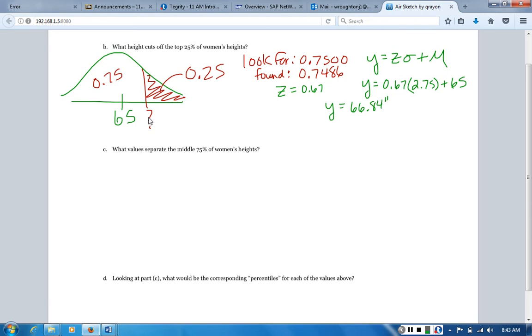It's a little shy of 5'7". So again, a somewhat reasonable height for women. So this time, how would I interpret it? So I could say that 25% of women are, well, this time we shaded right, so I'm going to say are taller than 66.84 inches.